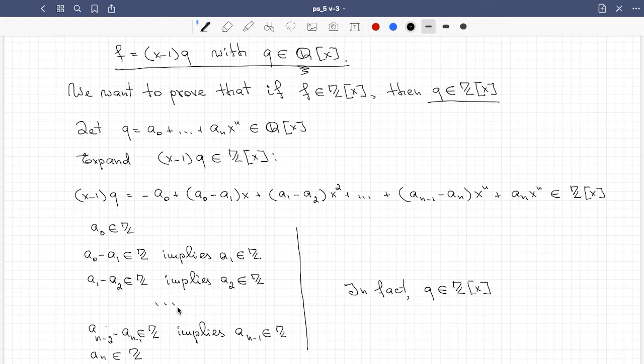Okay, that is what I wanted to tell you. So be careful, polynomials in this ring have pretty good properties parallel to polynomials in the other ring, but still, it is tricky.